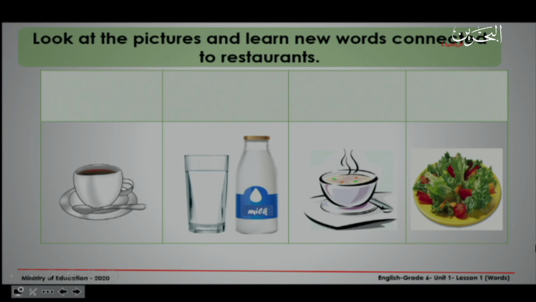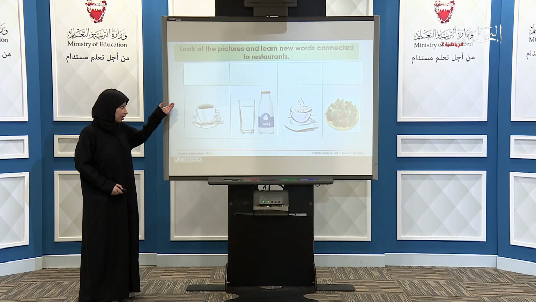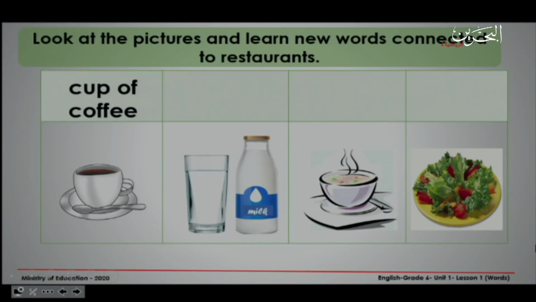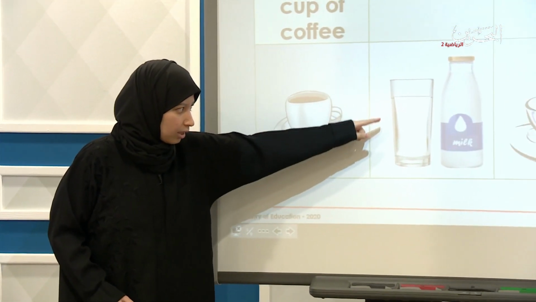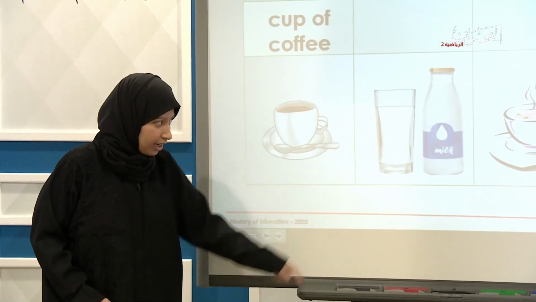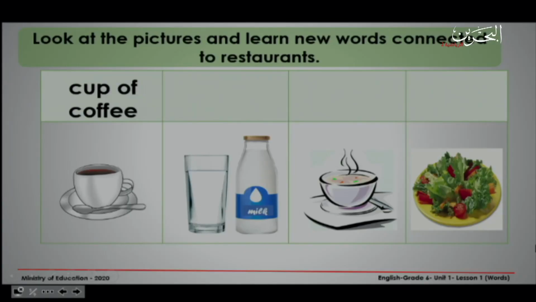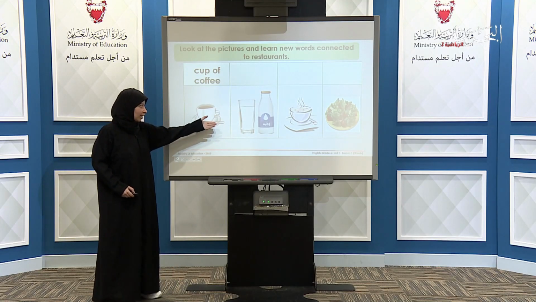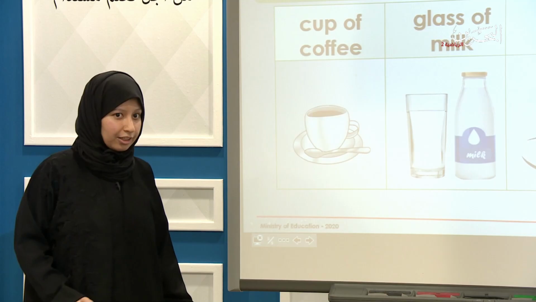Whereas for the tea and coffee, we use a cup of tea, and this is a cup of coffee. What is this picture? This is a bottle of milk, and this is a glass. Correct. When we pour the milk into the glass, we get a glass of milk.